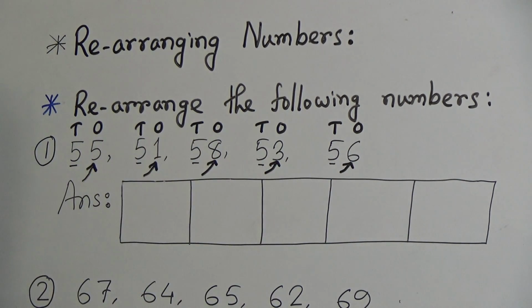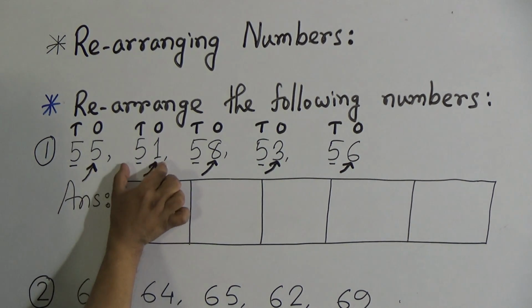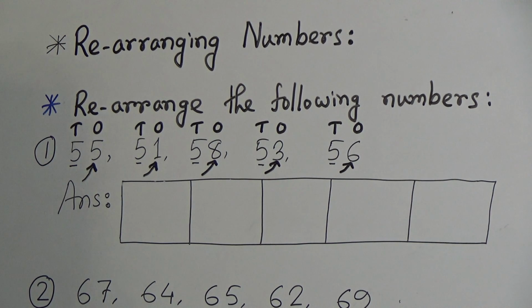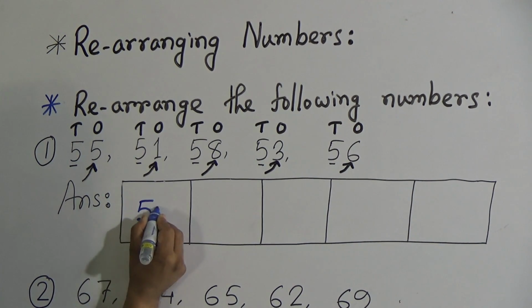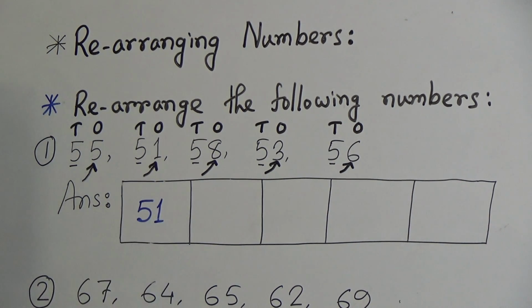There are 5 digits. Among these 5 digits, 1 is the smallest. That is why 51 will be our smallest one here. So 51 will be written down in the first place in arranging numbers. 51 will be our smallest number among these 5.